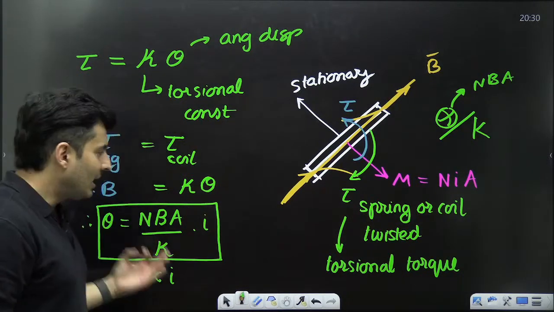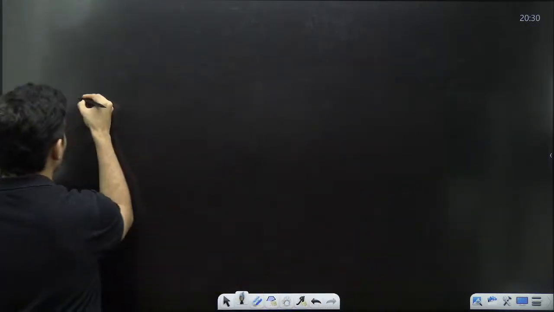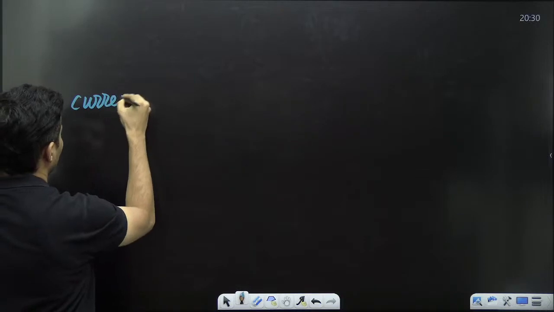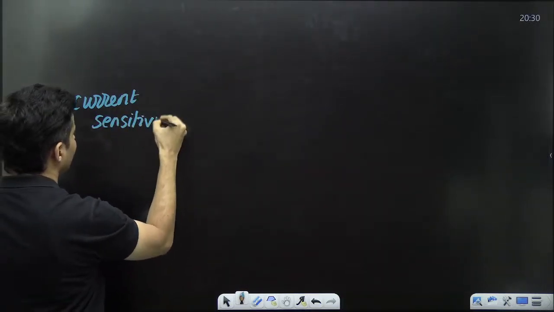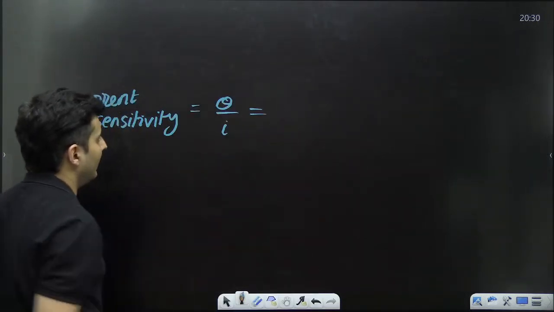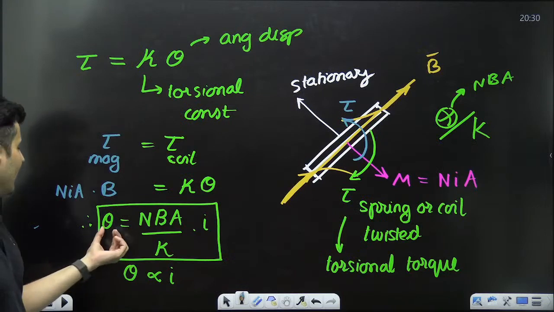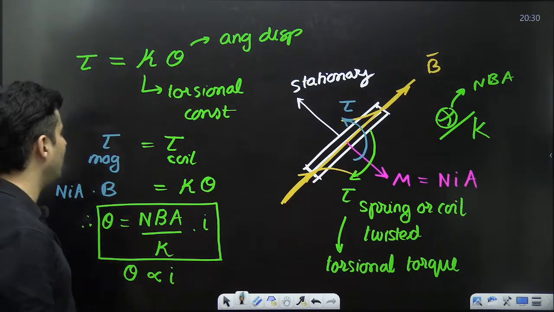By the way, there is a term called current sensitivity, which I have already told you. If a question comes on current sensitivity, it is basically the angle per unit current. So theta by I, if you shift I over here, only NBA by K will remain.